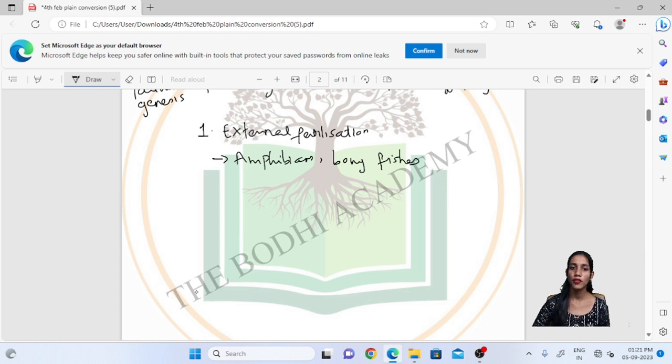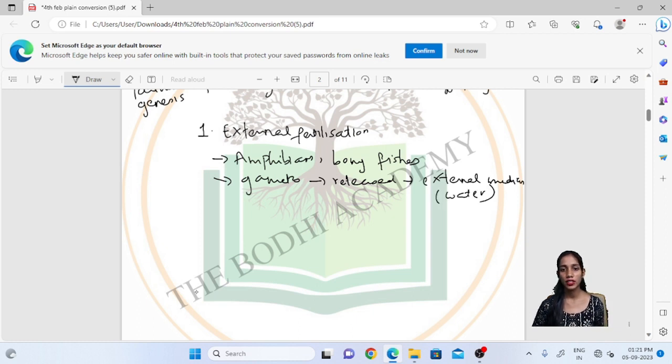Now, how does fertilization happen in these organisms if it is outside the body? In this case, the male and the female gametes are released in the external medium, and in most of the cases, or you can say in all the cases, the external medium is water.